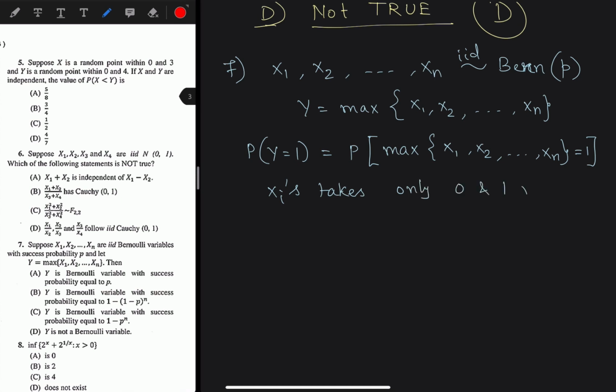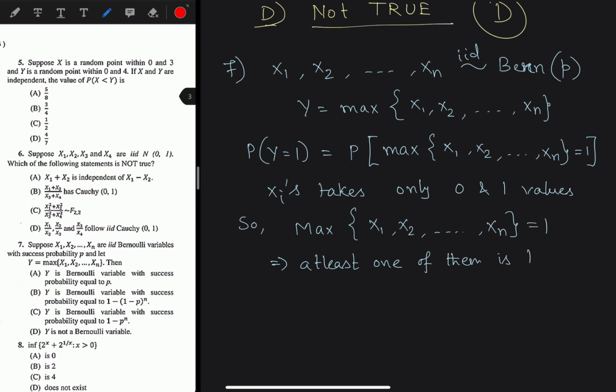So the maximum of them is 1, that means at least one of them is 1, as if all of them are 0, then the max of them cannot be 1.